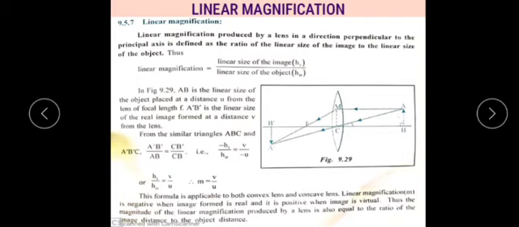Here A dash B dash is considered as the image. The linear size of the image is taken as hi, and the linear size of the object is taken as ho.